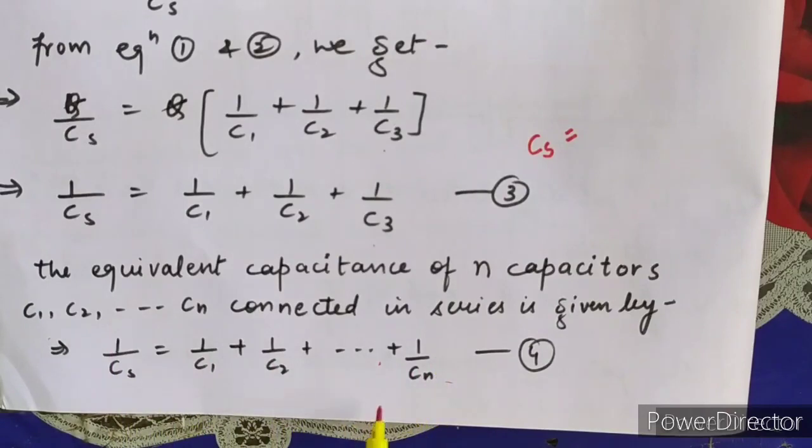But remember, in the last you have to simplify your equation, and afterwards you have to calculate only the value of Cs, not 1 upon Cs. Clear? And you know it very well, the unit of capacitance is farad. So the answer will come in farad. Don't forget to write the unit. Clear?